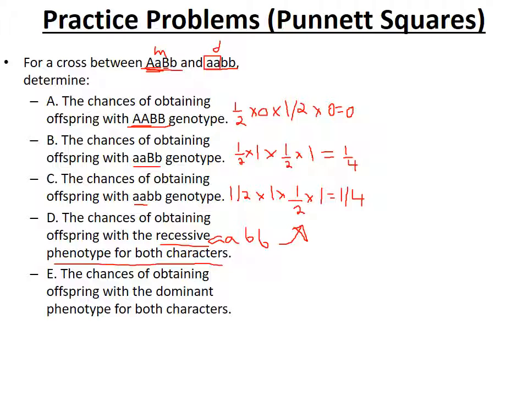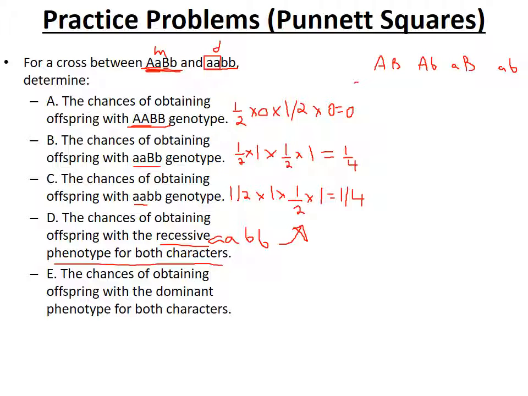Let's go take a look if we're right with our Punnett squares so far. So we have big A, big B as a gamete, that's possible. Big A, little b as a gamete, that's possible. Little a, big B. Little a, little b. And that's for this parent.